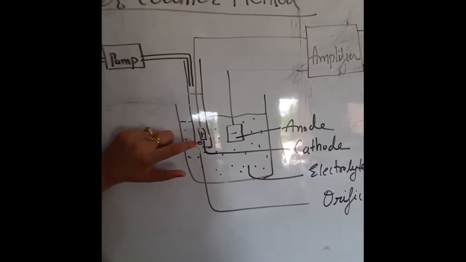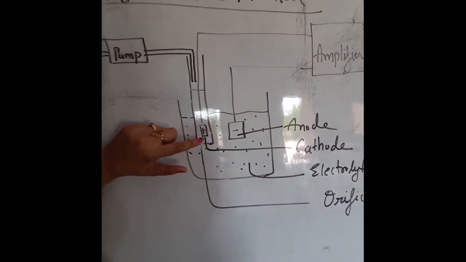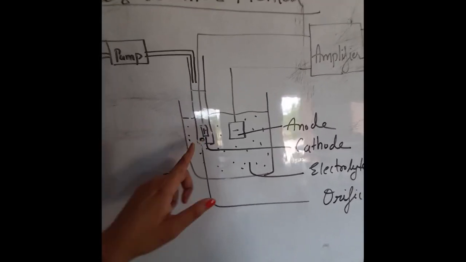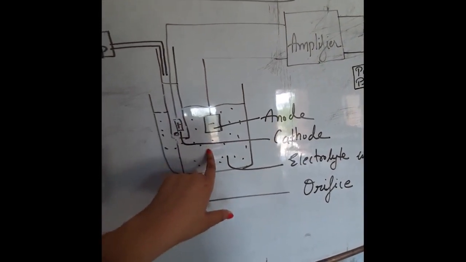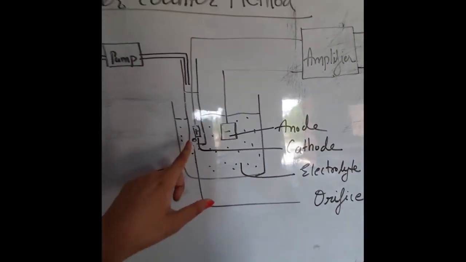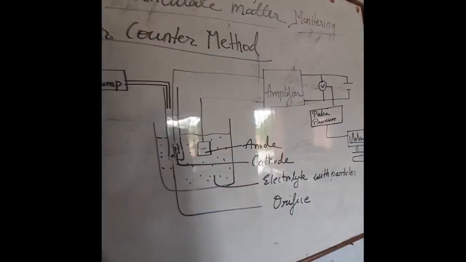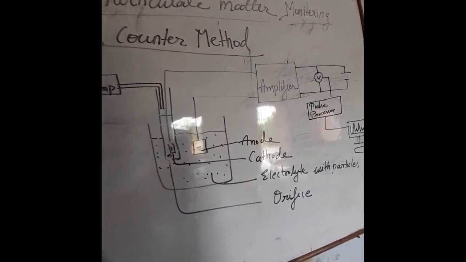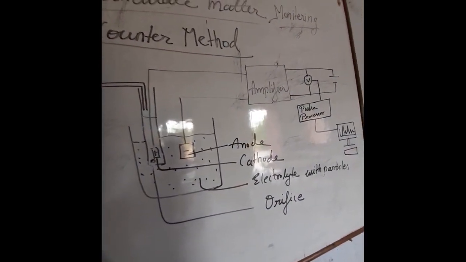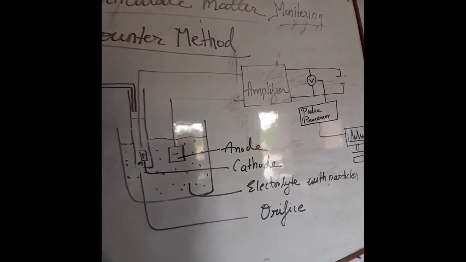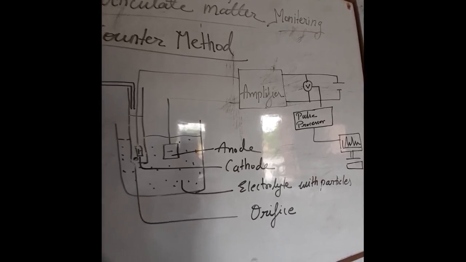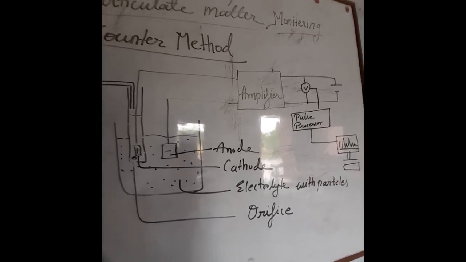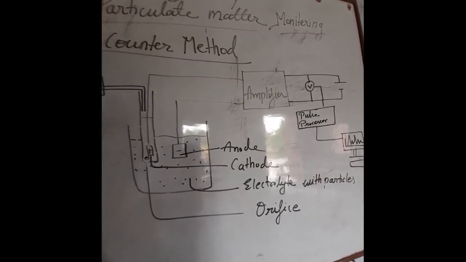This one particle will displace the volume of electrolyte and this electrolyte will move from this tube outside in the container, which will create resistance at the orifice, which will be recorded in the form of voltage with the help of pulse processor and detected in the system or the detector which is connected with the system, and it will be in the form of peaks.